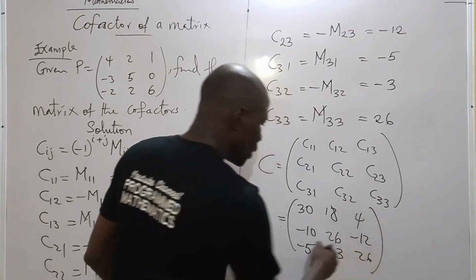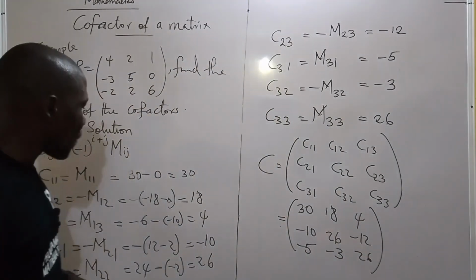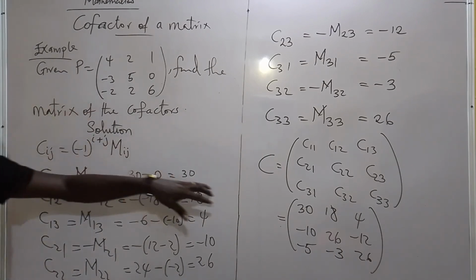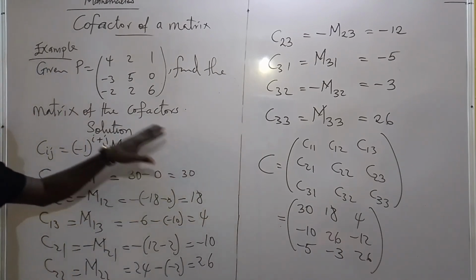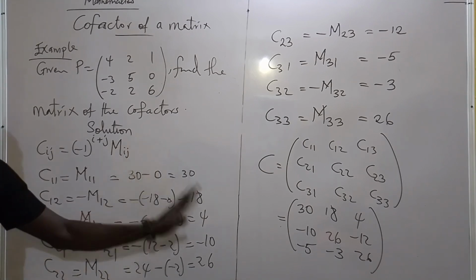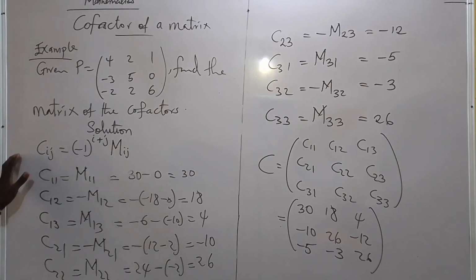So this is the cofactor matrix of the matrix P, which is given as this. All right, so this is how the cofactors of a matrix are obtained.